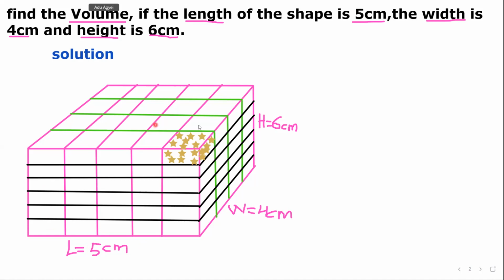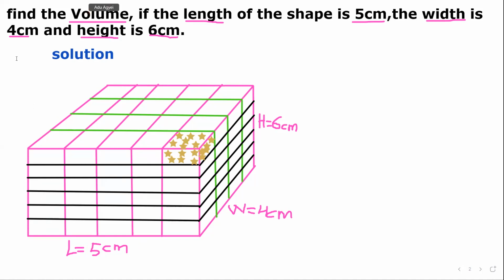The next layer here is also 30, 30, 30. So the 30 times 4, we have the 4 layers, 1, 2, 3, 4. 30 times 4 is 120 keys, okay? 120 centimeters cube. Good. So when you are using the counting keys method, this is how the method is supposed to be.